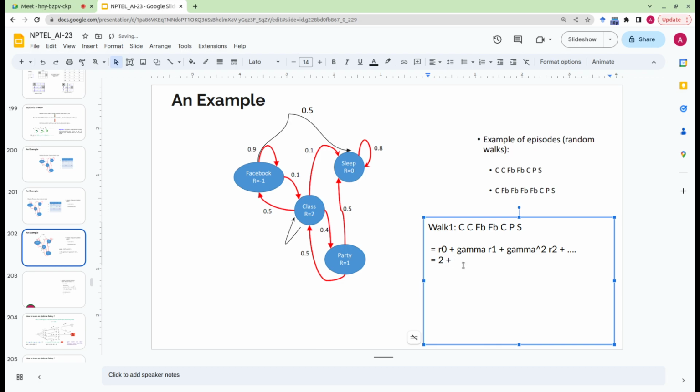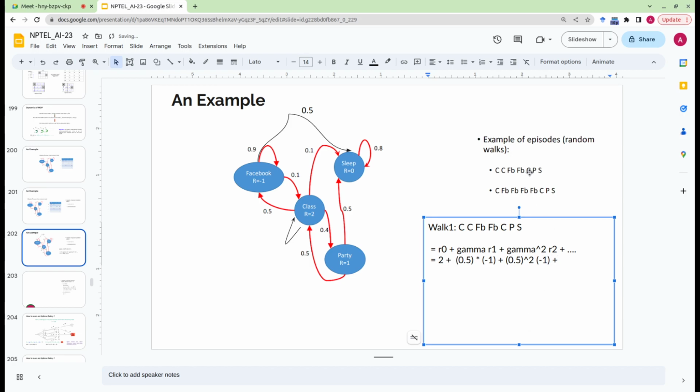So we are doing the same thing. R0 is 2 from class to class, plus 2 from class to Facebook, which is minus 1. Gamma is 1/2, so it will be 0.5 into minus 1. Plus, you are in Facebook and you are doing Facebook, so it would be minus 1 again, 0.5 squared into minus 1.